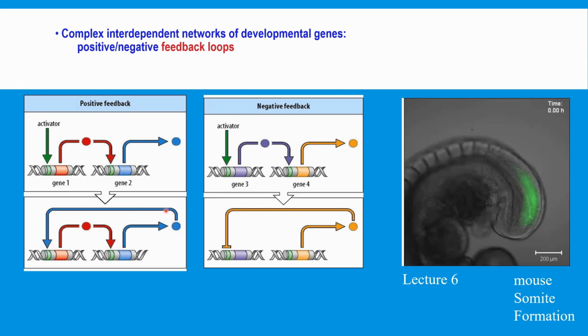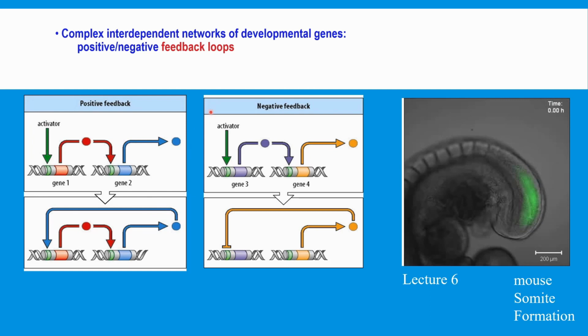The point here is that this will be a positive feedback, so protein 2 will actually act on gene 1 to encourage its transcription to persist. So even now, if you removed the activator that activated gene 1, protein 2 will maintain the expression of gene 1 and via that gene 1 maintain its own expression. So this is a positive feedback loop.